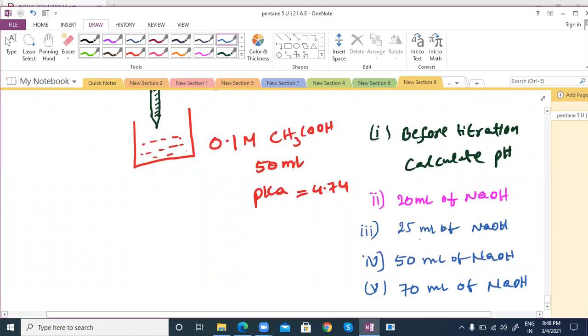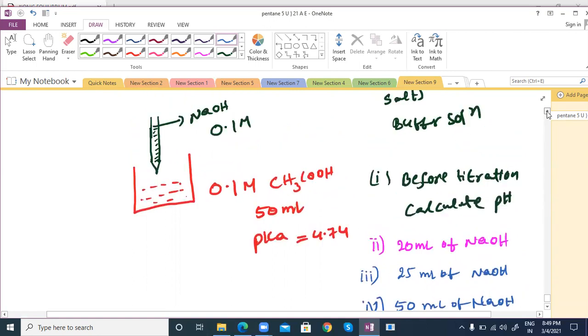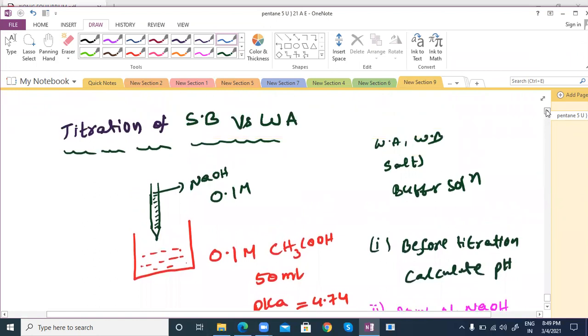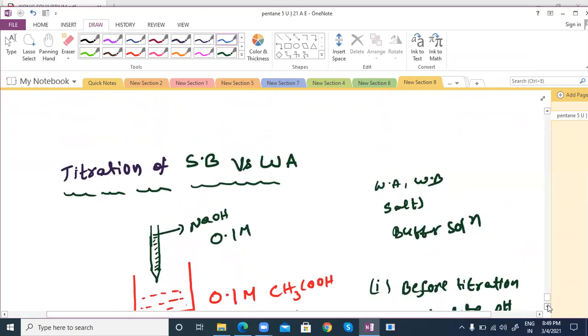So acid to base. They didn't mention that this is a buffer solution, right? No, you have to identify in which case it acts as a buffer. We have to identify whether it's a buffer solution, salt, or something else. I've given all the cases here one by one.